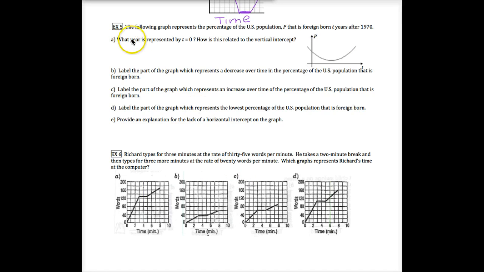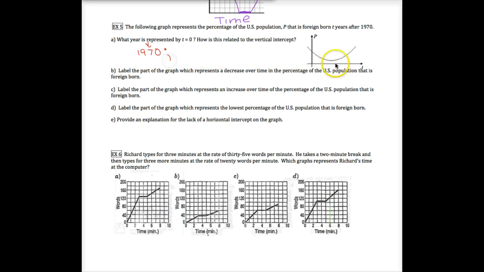So it says here, what year is represented by T equals 0? Well, it says T years after 1970. So if T is 0, that means it's 0 years after 1970. So the first question's answer is 1970.